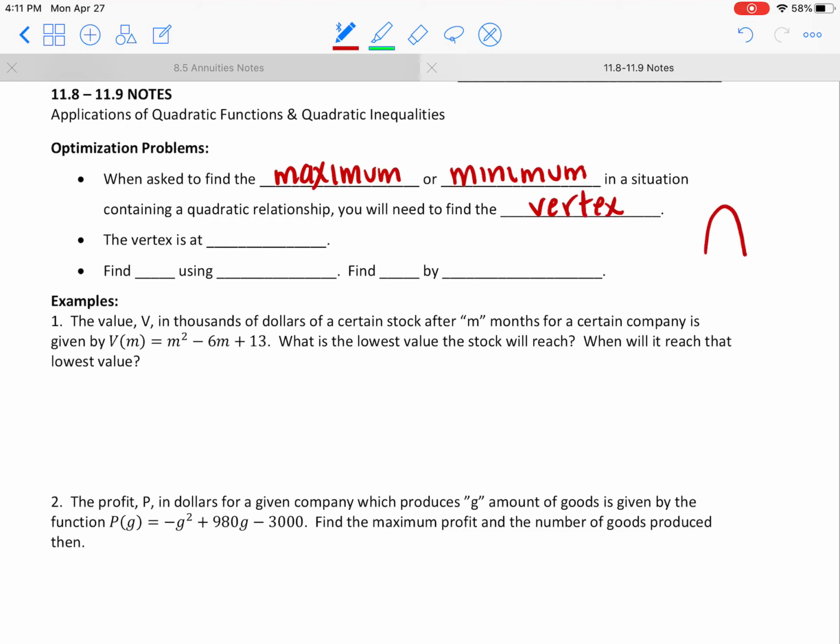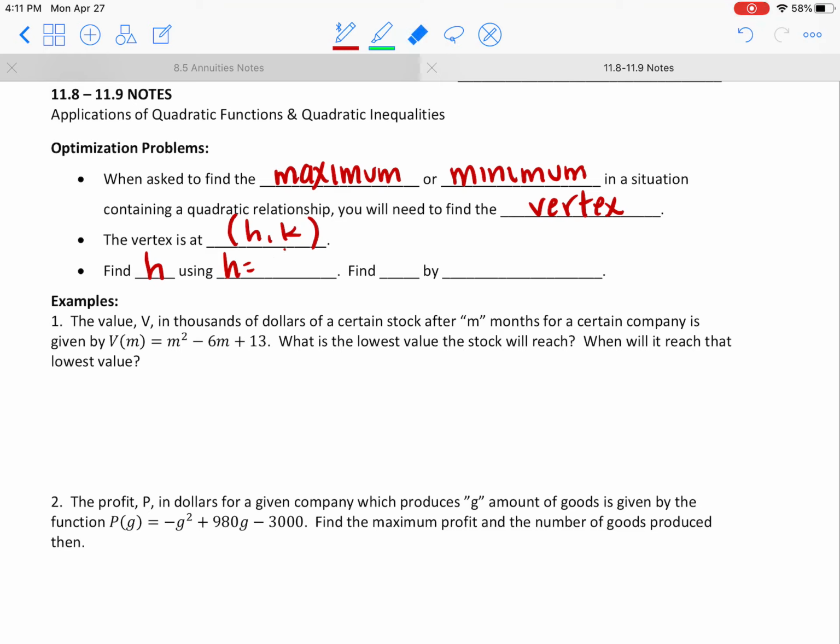But if you're asked to find a max or a min or a highest or lowest value in a situation that contains a quadratic relationship, you have to be finding the vertex. The vertex. And that should make sense, right? If you have a quadratic relationship, your max or your min in the situation, whether it opens up or opens down, has to be at the vertex. Okay? So we're looking for a vertex.